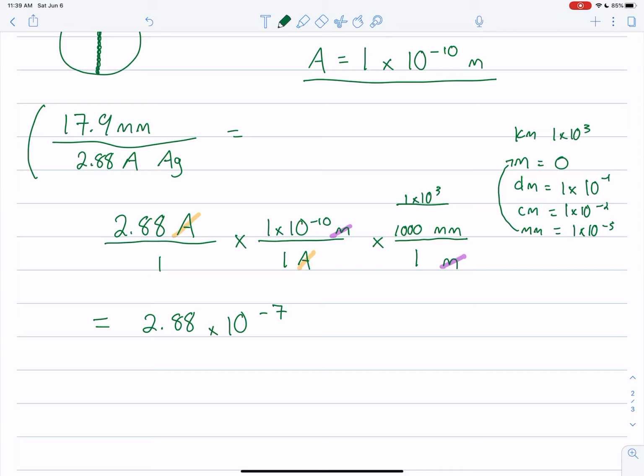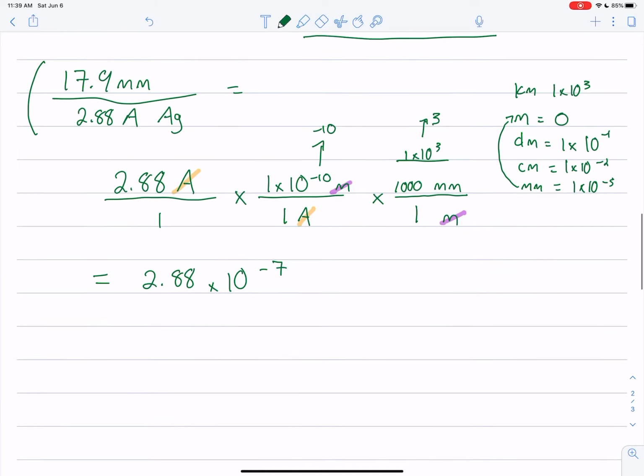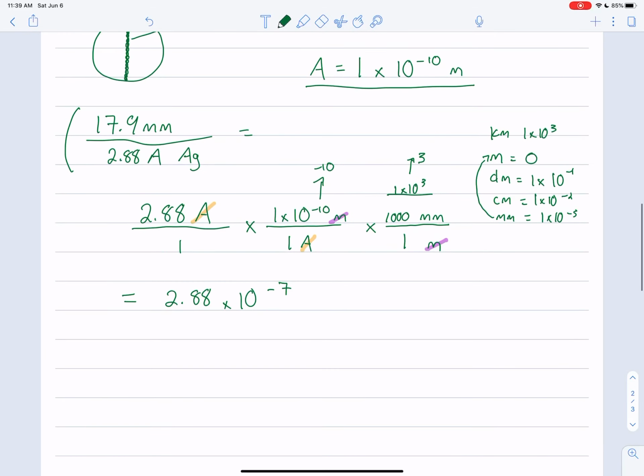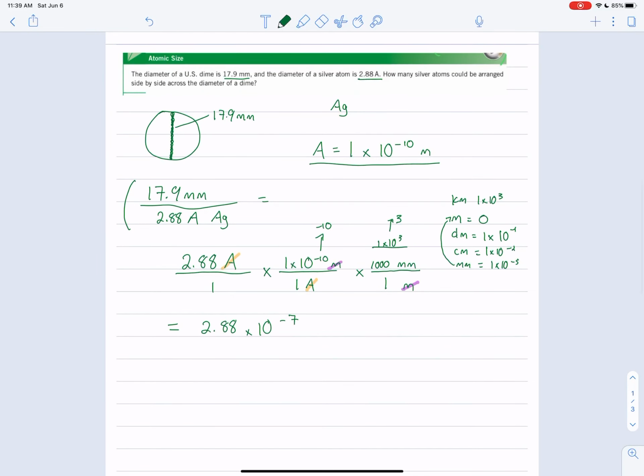But you can even look at this negative 10, which is an angstrom, and look at this 3 for a millimeter. Negative 10 and a positive 3 is a negative 7. So that makes sense, all right? And this is a very small number. So this answer is our diameter of a silver atom.